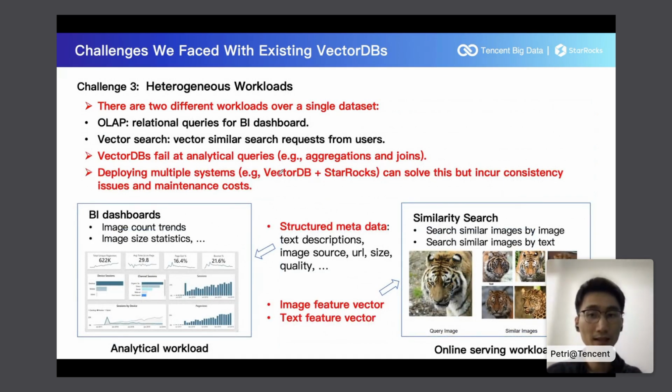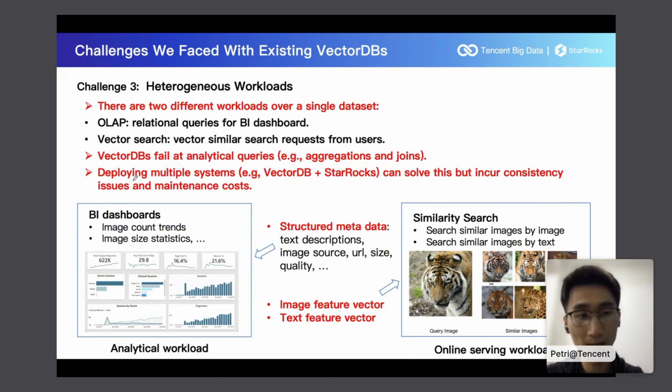Challenge 3 is heterogeneous workloads. Obviously, in our context, there are two different workloads over a single dataset. One is the OLAP workload, which means relational queries for BI dashboards, such as aggregation queries or join queries.